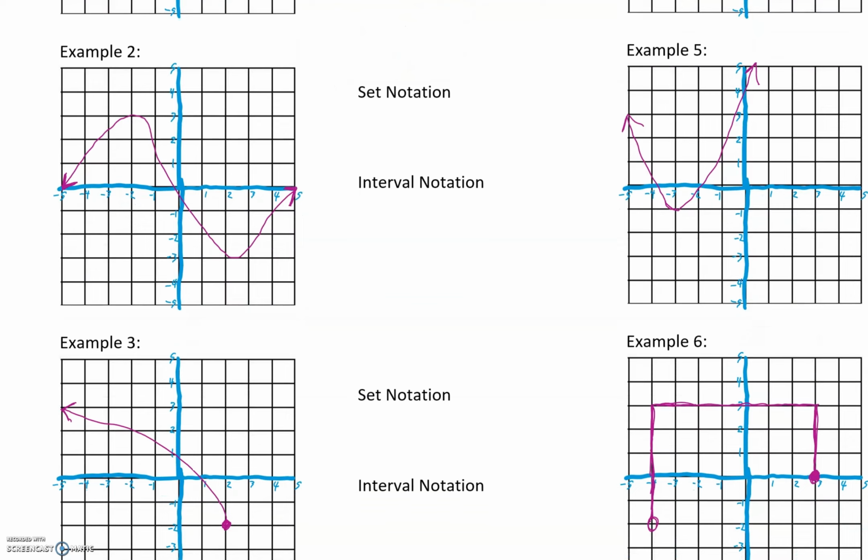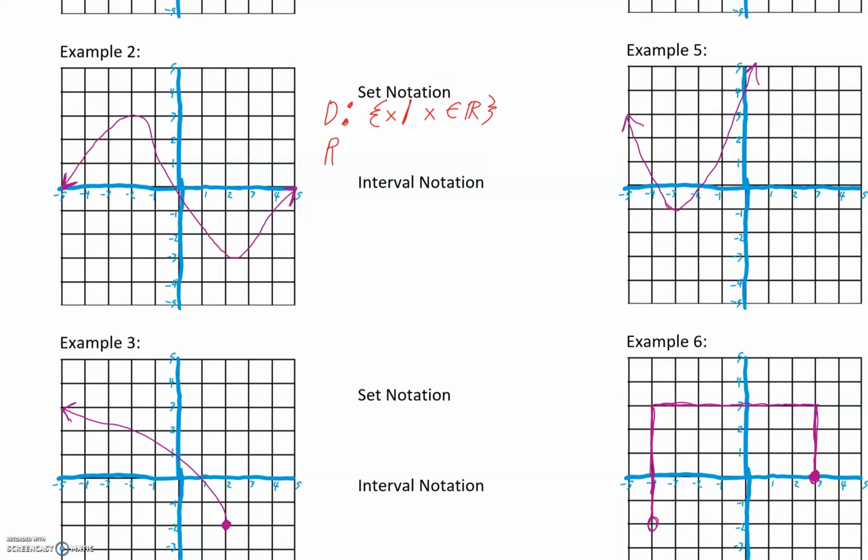Okay, now let's take a look at this one. You can kind of tell that the x actually goes on forever to the right and on forever to the left. So actually, in this case, the domain is x such that x is not bounded by anything, it's just any real number. So we write it like this.